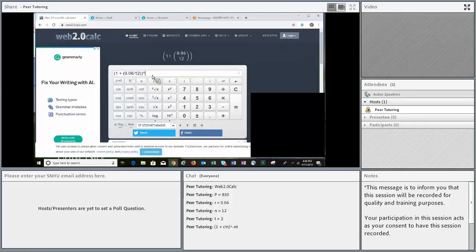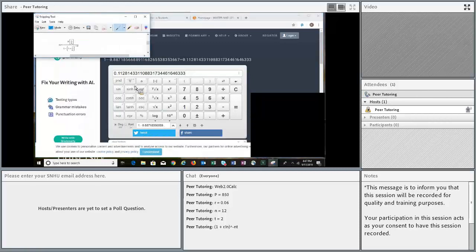So n times t is 24, and that's going to be negative. So I'm going to raise that to the negative 24th power. Let's see what we get. Excellent. Still working on that denominator. I'm going to subtract that number from the number 1. All right. So that takes care of our denominator.